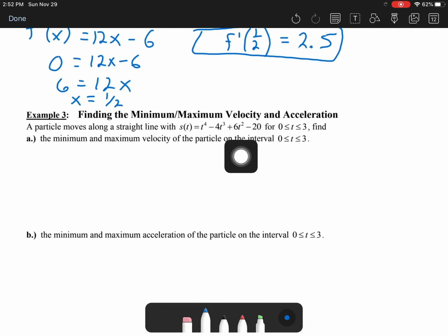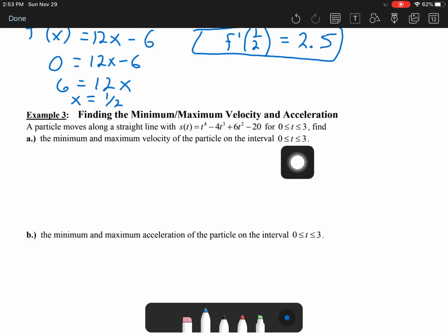Okay. So these next couple questions are referring to an application of this same idea. We've already studied some particle motion problems, but now they're going to ask about some max and min questions involving particle motion. So we've started with a position function. It says find the minimum and maximum velocity of the particle on this closed interval.